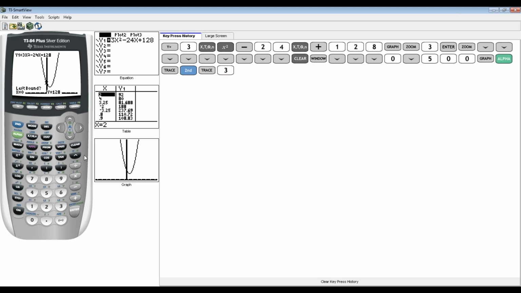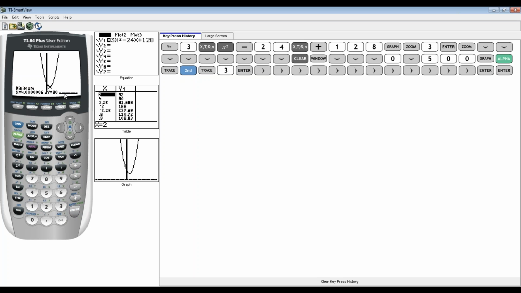It's asking you to set your boundary. So left bound, you see where it's flashing. I see my minimum is right here, the vertex, the bottom of my graph. So I'll set the left bound there, and I'll cursor over to the right of that minimum and set it there. Now it's asking if I want to guess, and I don't, so I'd press enter.